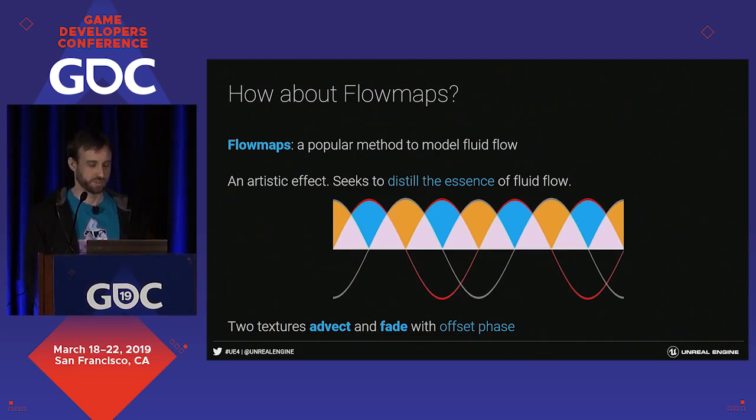You see here there are two waves, one a cosine wave and one a sine wave, because they have the right offset. Using the absolute value of that, it fades between texture 1 and texture 2. When the blue region becomes 0, the yellow region becomes 1, and they overlap nicely. UE4's flow map node actually uses a linear triangle wave, not a sine wave.